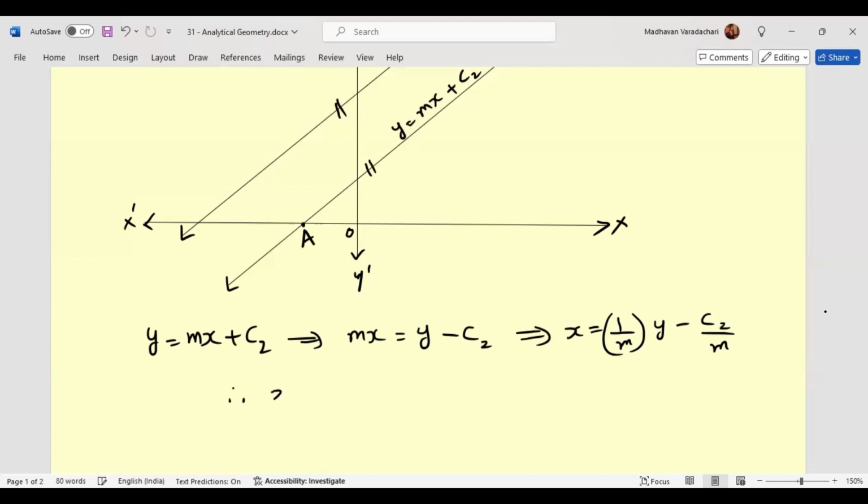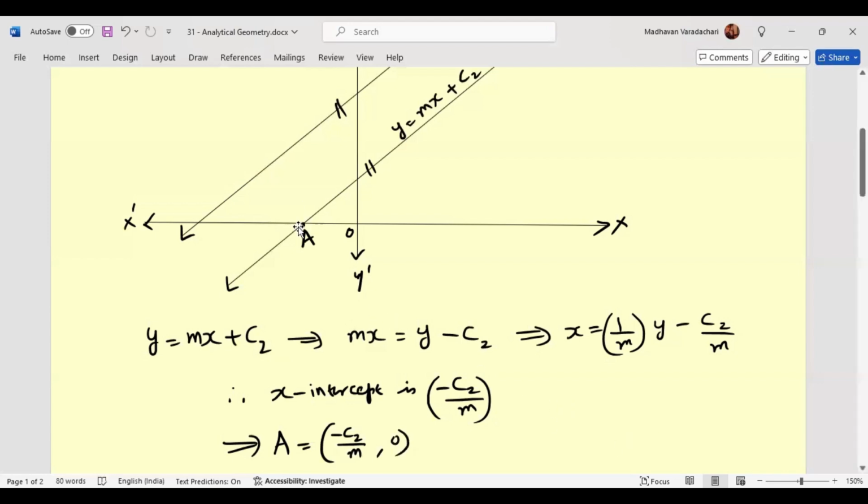Therefore, x-intercept is negative c2 by m. That means our point A will be minus c2 by m, comma 0.